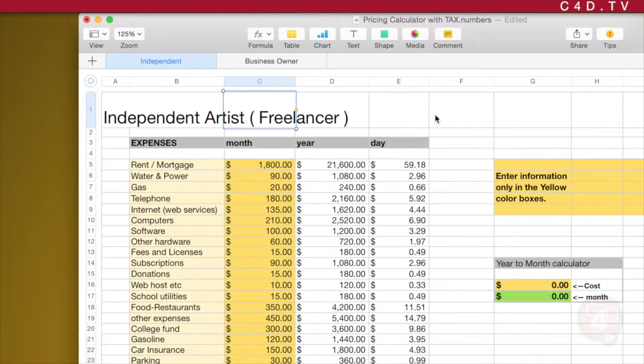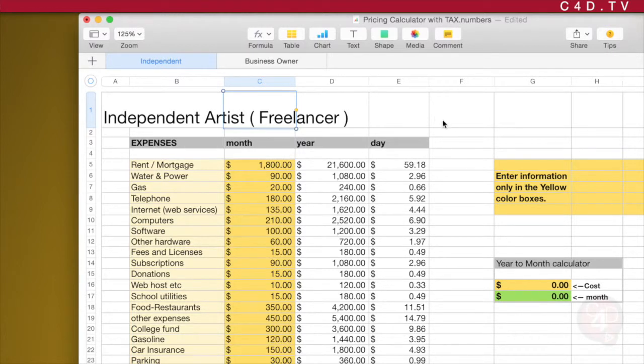This system, I actually learned about it many years ago when I was starting as a freelancer, but I think it still applies because I still use it sometimes to figure out certain things and keep my balance sheet in check.